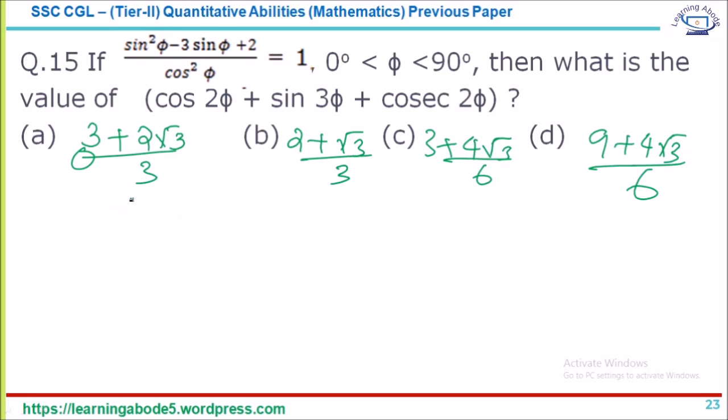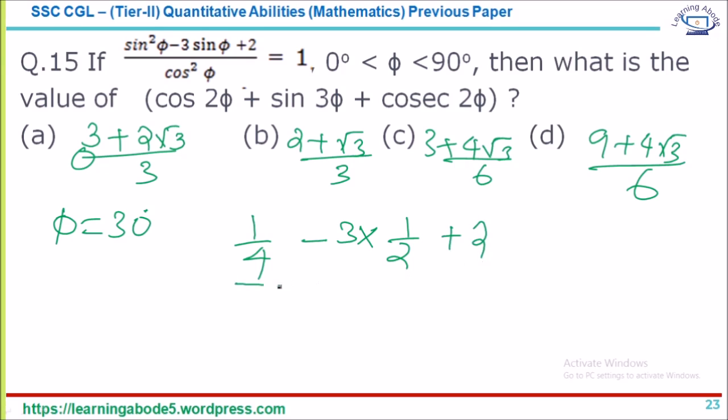Now we can substitute, let's say pi equal to 30 degrees. Now if you substitute pi equal to 30 degree, sine 30 is 1 by 2. Now this will be 1 by 4. Okay, so 1 by 4 minus 3 into 1 by 2 plus 2 by cosecant 30, that will be 3 by root 3 by 2, right?